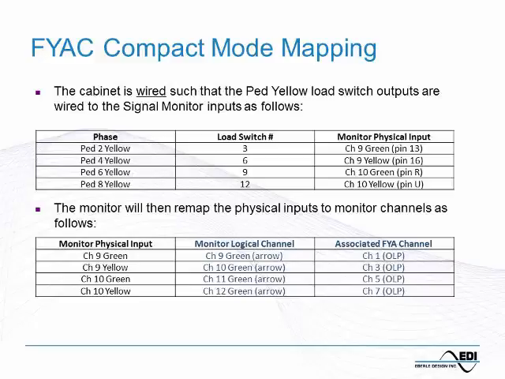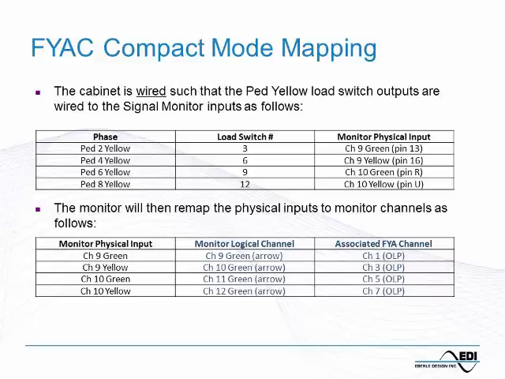Likewise, PED 4 yellow, load switch number 6, is wired as channel 9 yellow. So if you were going to do a 2-section right turn overlap, you remap your controller to drive those 2 PED yellows, and the monitor will see them as channel 9 green and yellow.